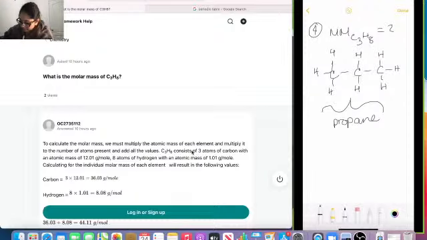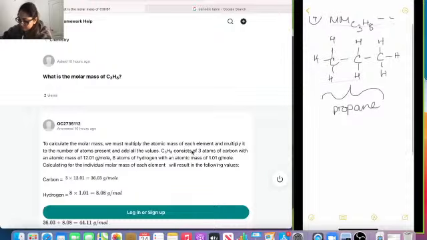Or it could also look like 1, 2, 3, basically like that too. In order to find the molar mass of this, let's find the individual molar masses of the elements.